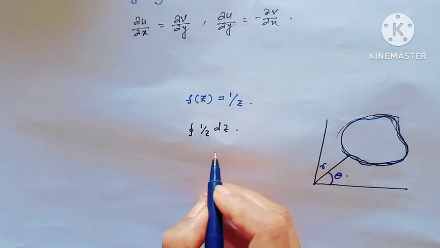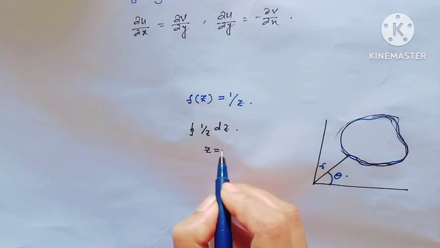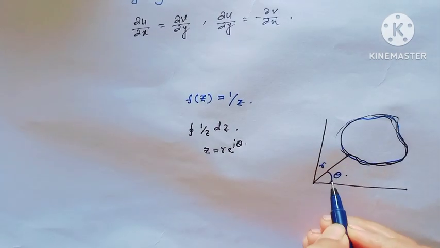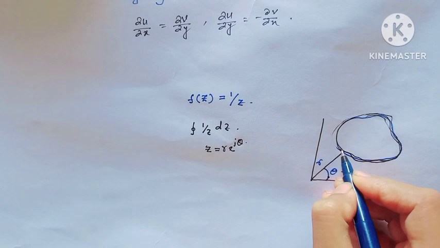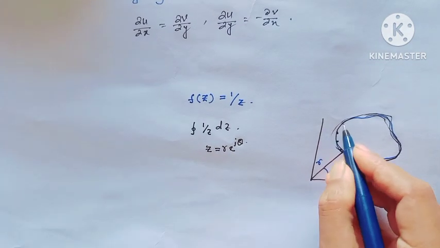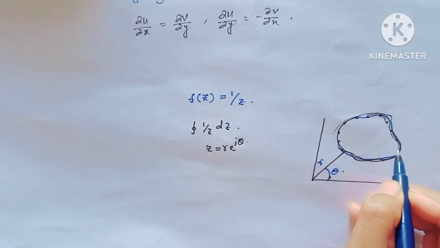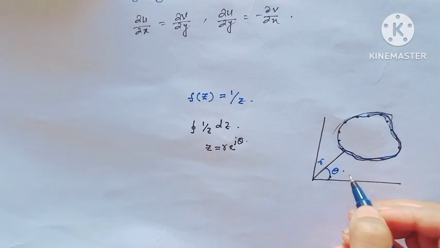Notice, consider z = re^{iθ}. When the point varies on this closed curve, then r and θ both change.